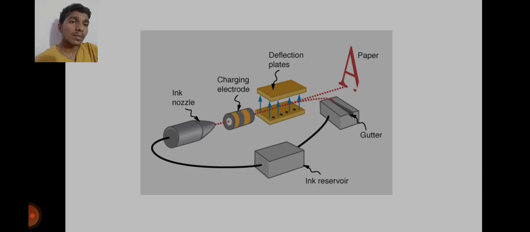The ink goes towards the paper, and the rest goes to the gutter, and this process is continuous from the ink reservoir, which supplies the ink, so that the inkjet printer works by this operation. These are the major applications of electrostatics. So thank you.